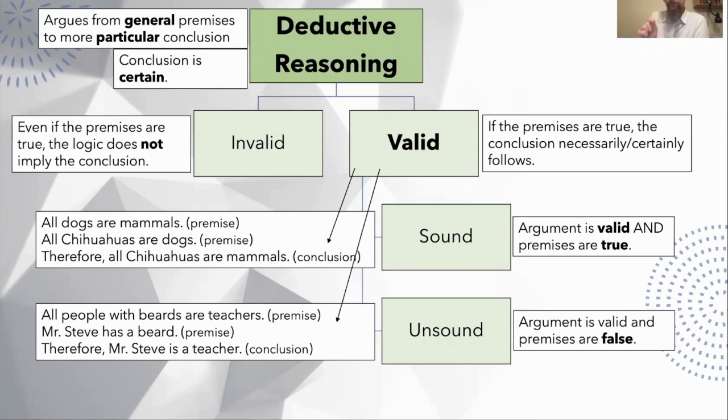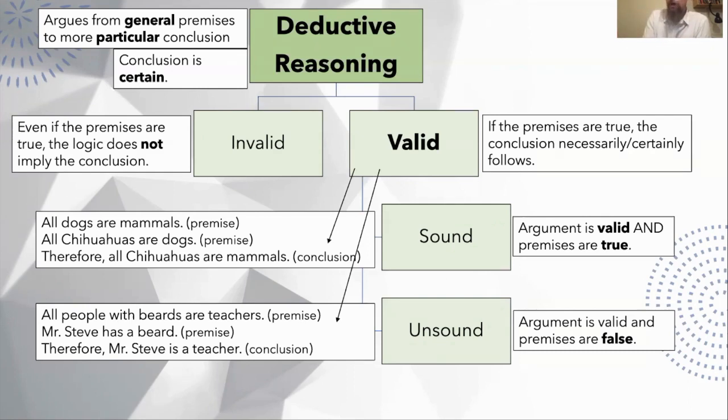And it is also a valid argument where the premises are both true. All dogs are mammals. All chihuahuas are dogs. And because of the construction of the argument, because of the way the argument is put together in its sentences, the conclusion necessarily follows. You can see the two premises: all dogs are mammals, so anything that's a dog is included in mammals.